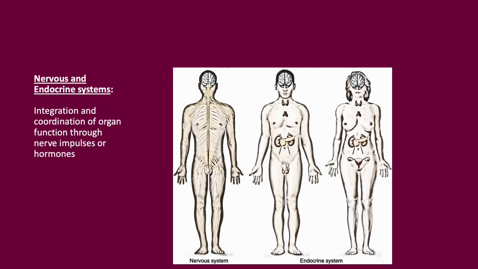So, the nerve impulses would be the nervous system, hormone, endocrine system. Right next to it, you guys will see a picture. The first one would be the nervous system. The second one would be of the endocrine system, both male and female.